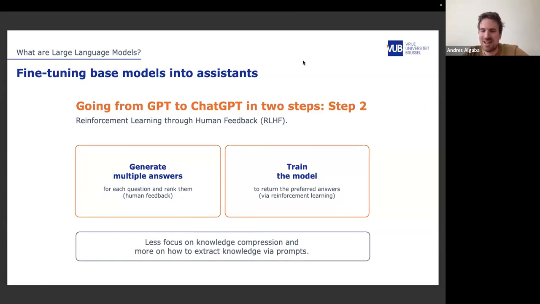Now, I cannot stress this enough, and this will come back through the presentation. This is a very dangerous step. It makes the model useful because it will give replies which are useful, or perceived to be useful by us, but humans are flawed. We will make a ranking based on our subjective feeling whether something was helpful.